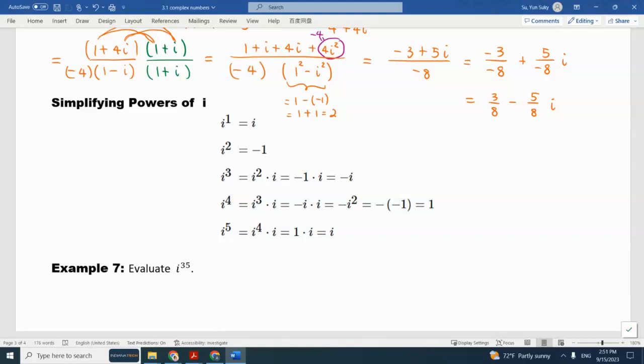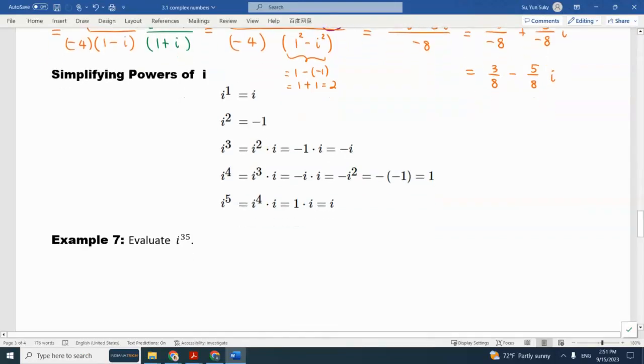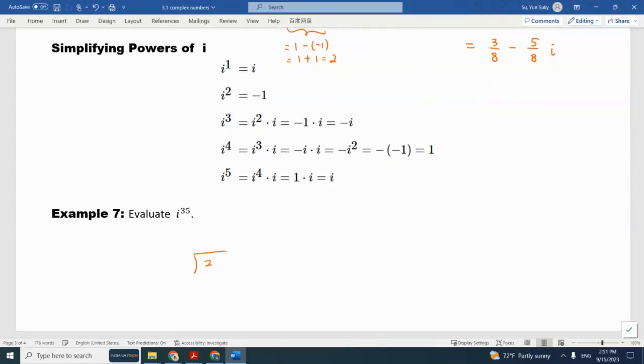How do you divide? Right, yeah. Negative i. Okay. Yeah, everybody take notes. So write it down. 35 divided by 4.